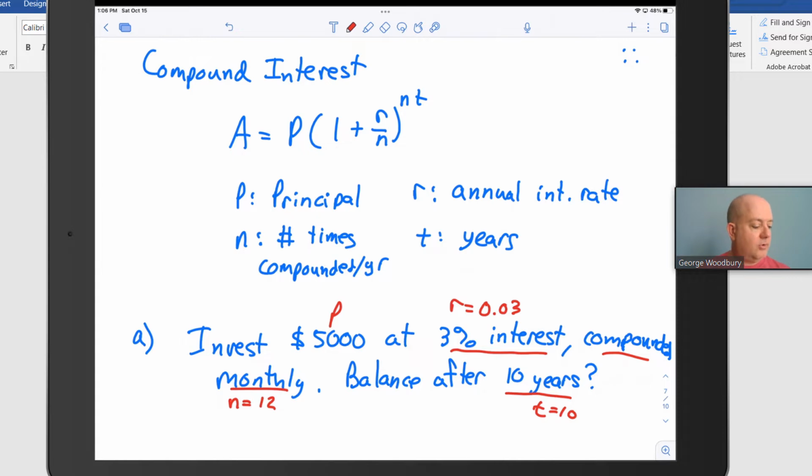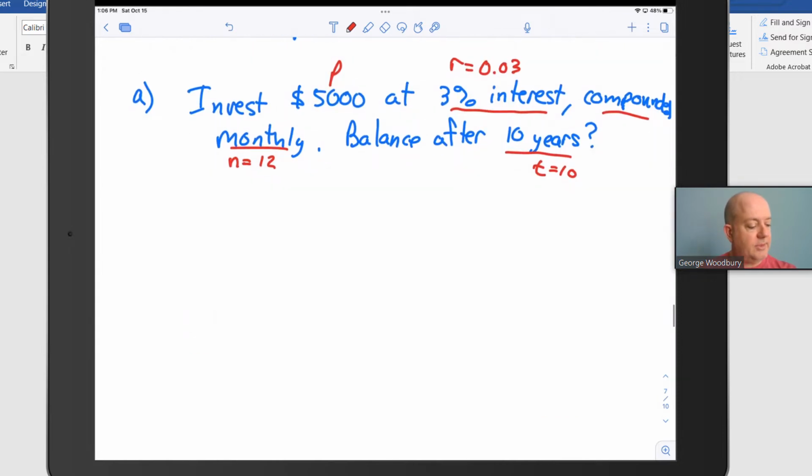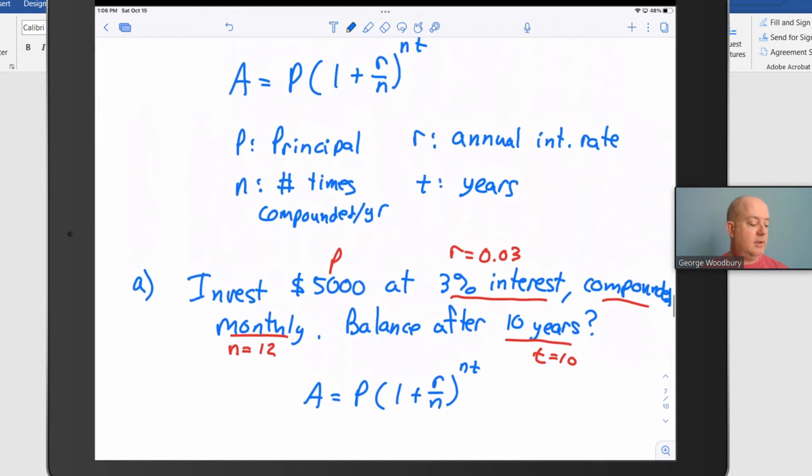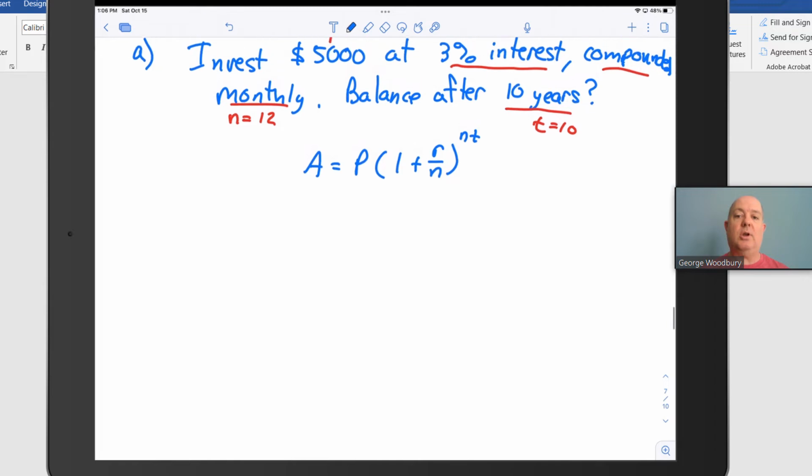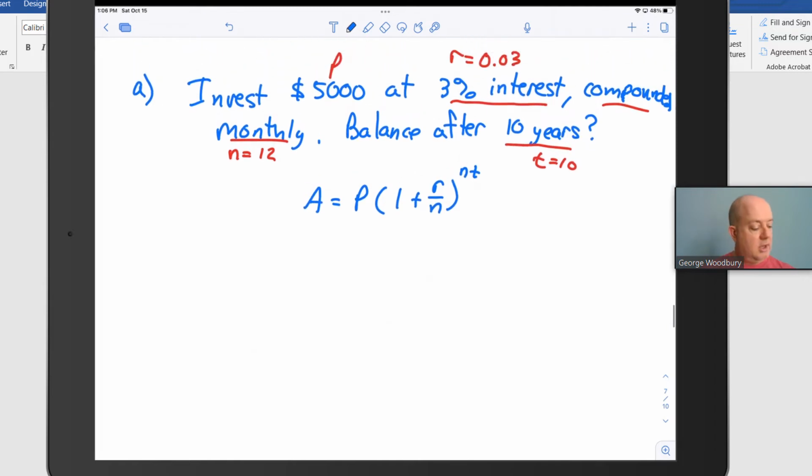So first, I think it's a good idea to always start by writing these new formulas as you learn them before you try to plug in. So A equals P times 1 plus R over N raised to the n times t power. And again, there it is at the top of the screen. Now I want to try to substitute in.